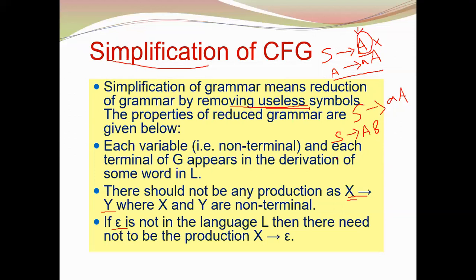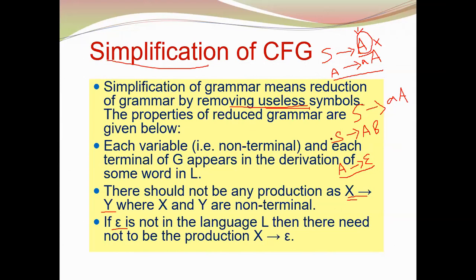In that I'm having another production, A tends to epsilon. This is the epsilon production. I'm going to remove this epsilon production. This means that I'm having the non-terminal A with the production of epsilon. So I can remove this A by epsilon wherever I can find the particular A.